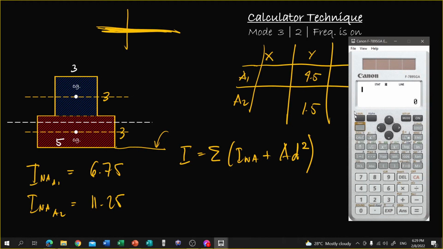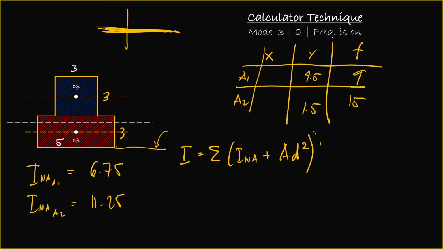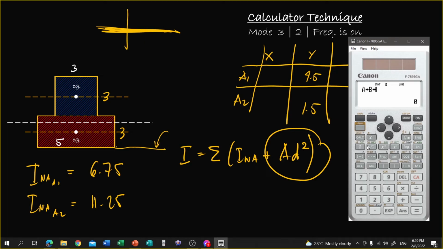The summation of I_NA, di ba we stored our moments of inertia with respect to the neutral axis of each shape in A and B earlier? So for I_NA we just use A plus B because we had previously stored the value of I_NA for each shape. We add them, plus the summation of the quantity A d squared.